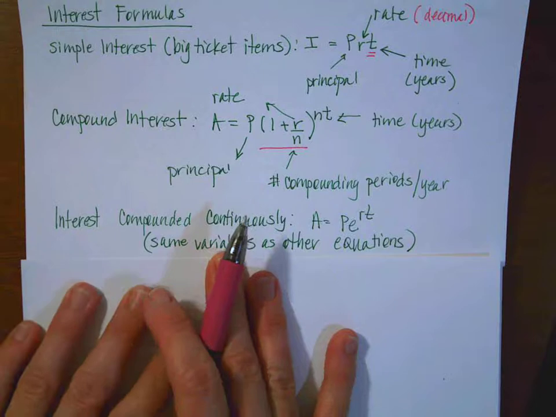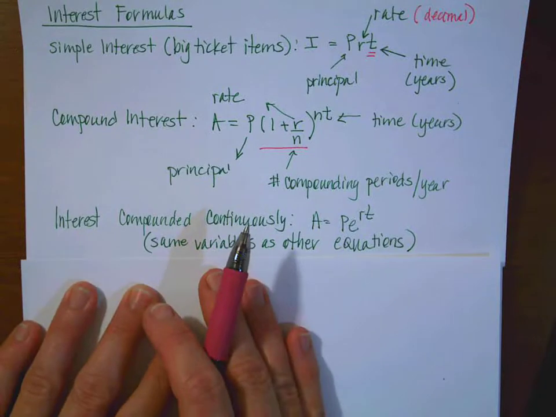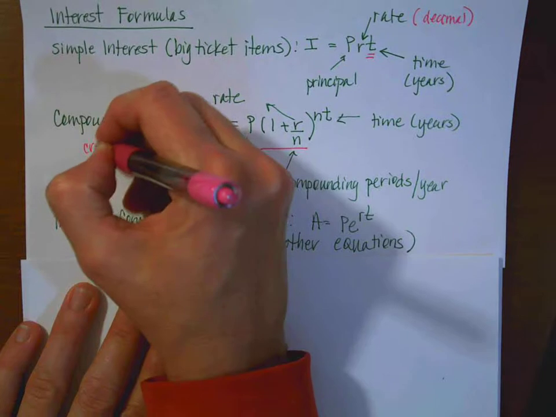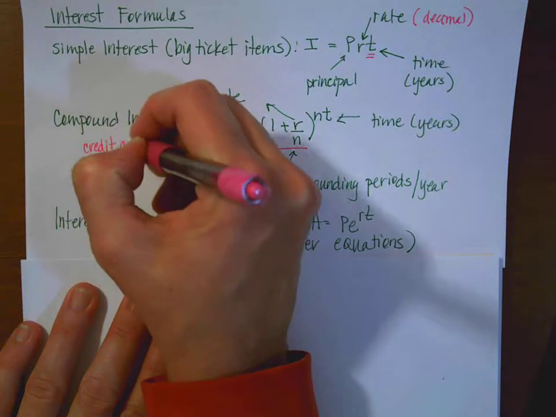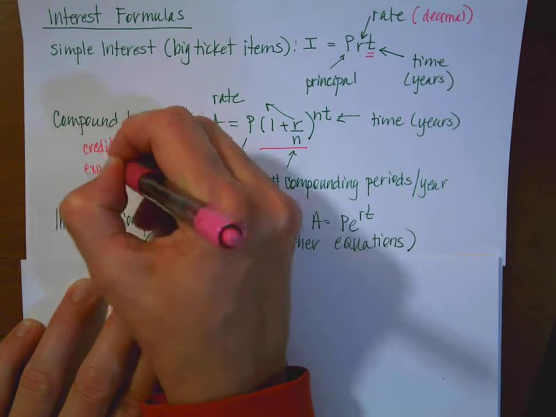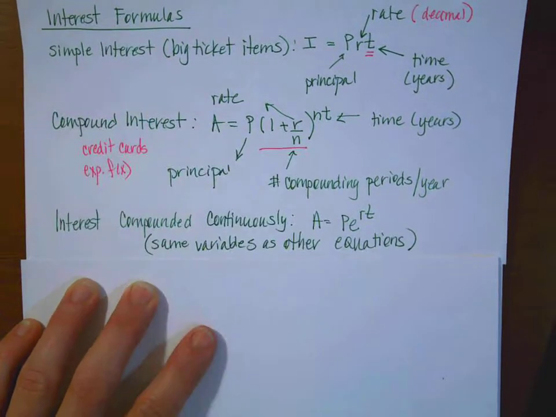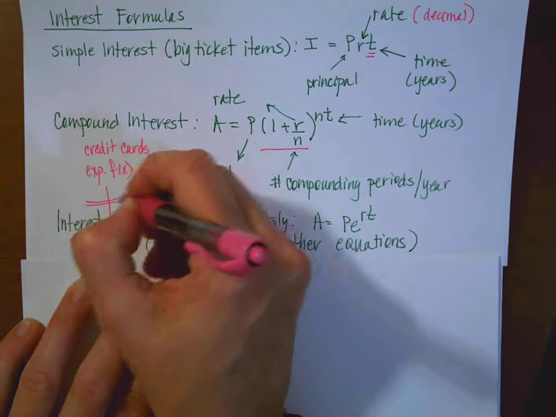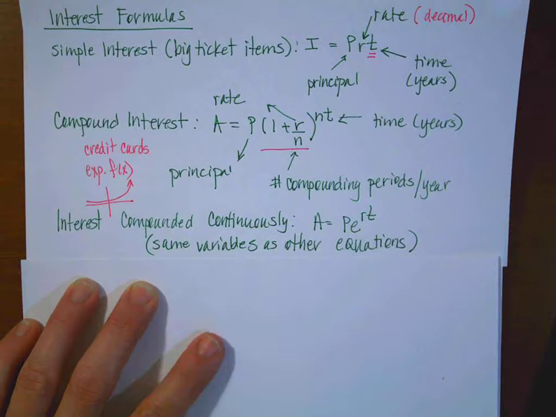All right, the next one that we have, or the last one for interest, is interest compounded continuously. By the way, compound interest is what your credit cards do, and it is an exponential function, which means that your debt grows at an exponential rate if you don't pay your balance off at the end of every month, and that's a serious drag.